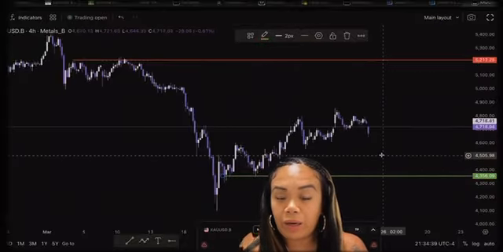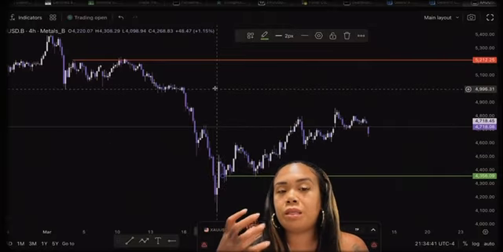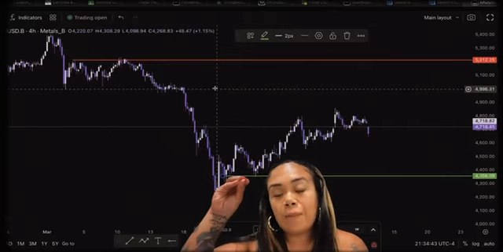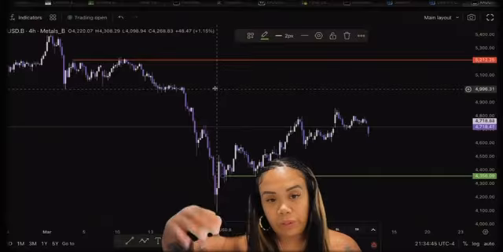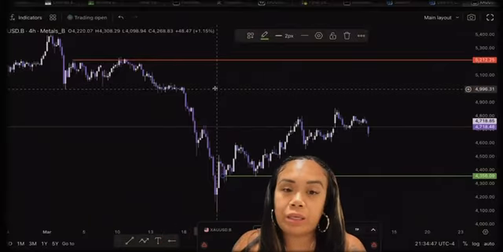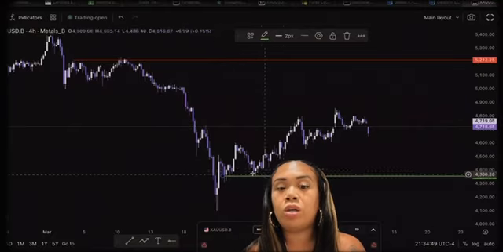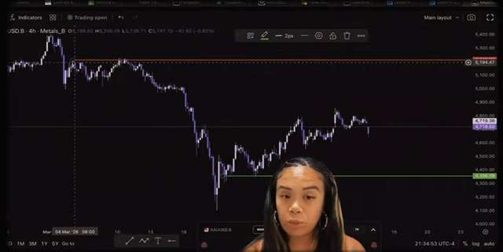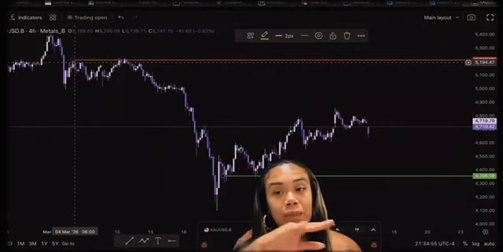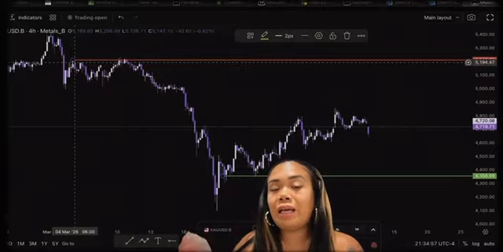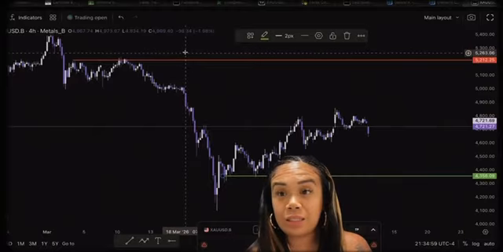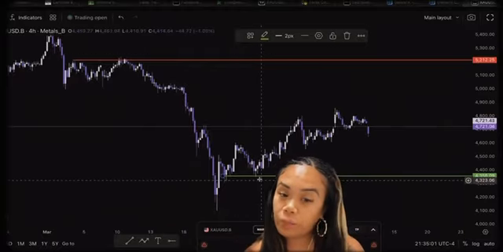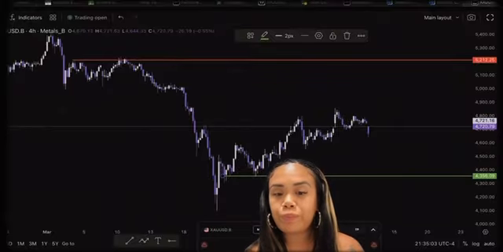The more the better, obviously, right? The more taps in that same price point, the stronger it becomes. It doesn't matter if it's resistance or support, as long as it's touching multiple times around that particular price point, it is a validated resistance on the top and support on the bottom.